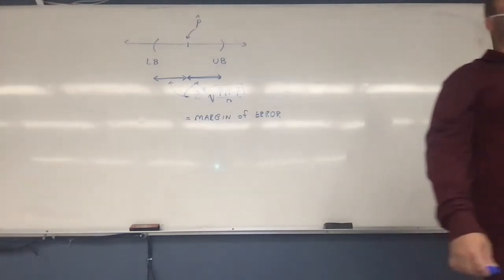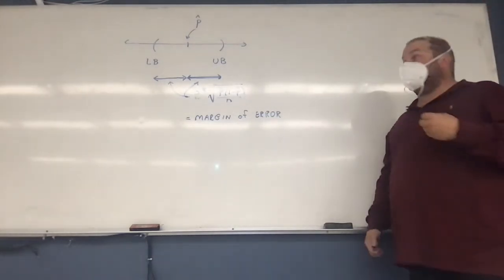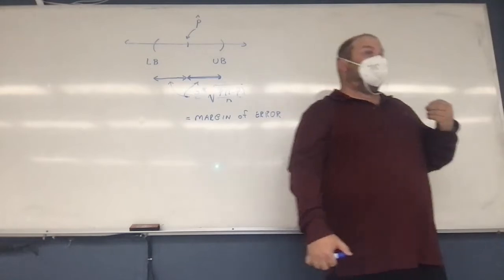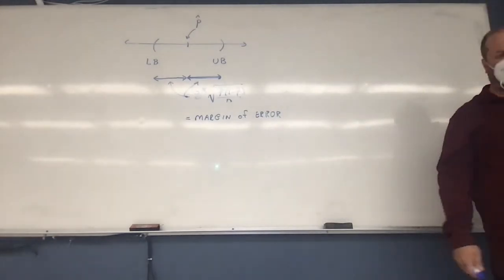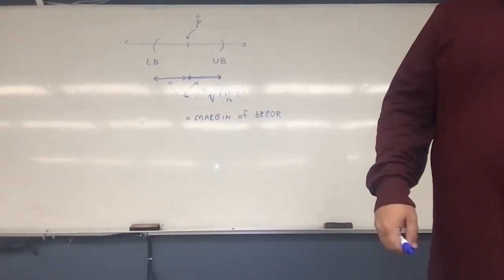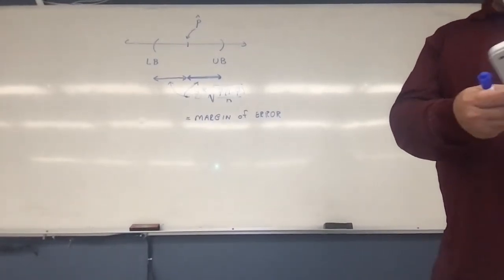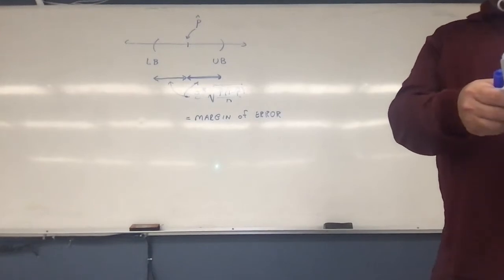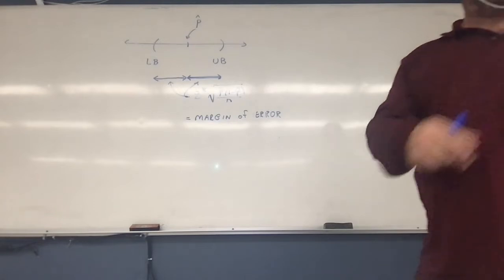You have the intervals. These are your confidence intervals. In particular, today we're doing the proportion. It's called a one proportion Z interval. So STAT, TESTS, down all the way to 1-PropZInt.